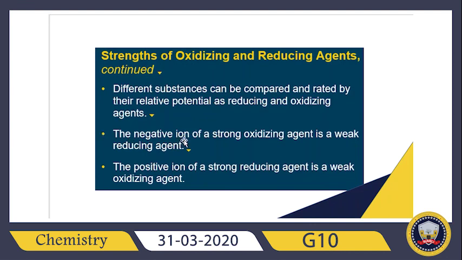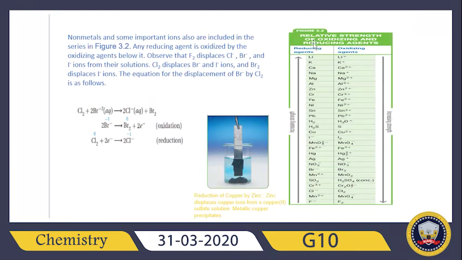The negative ion of a strong oxidizing agent is a weak reducing agent, while the positive ion of a strong reducing agent is a weak oxidizing agent. To understand these two points, let us consider the following example.